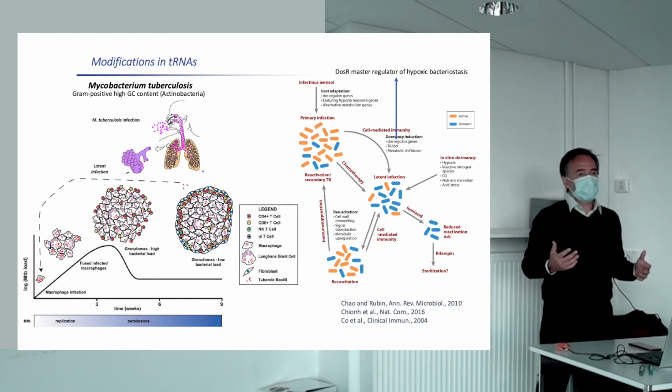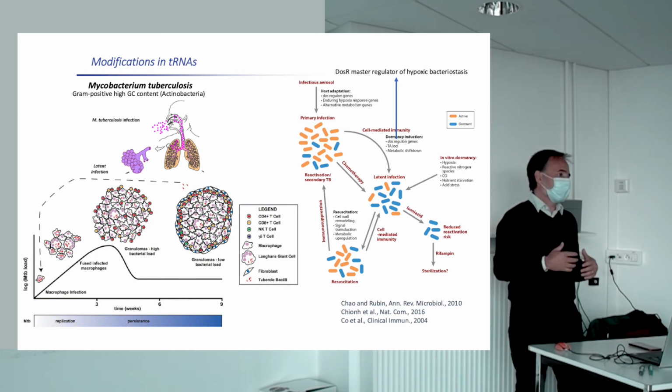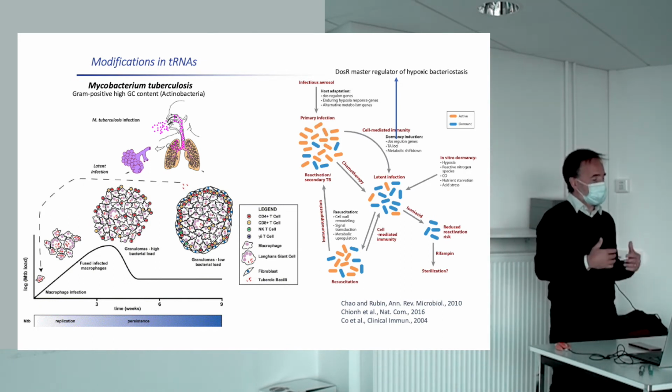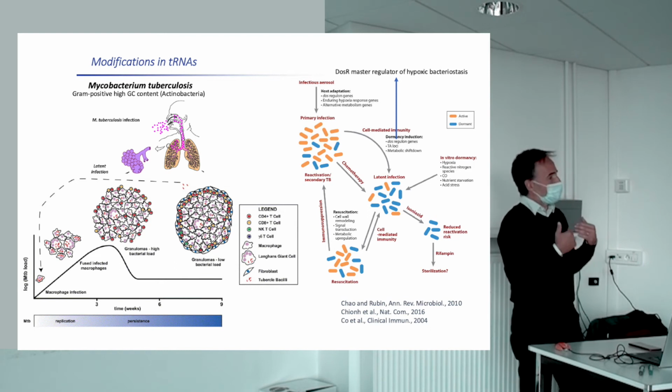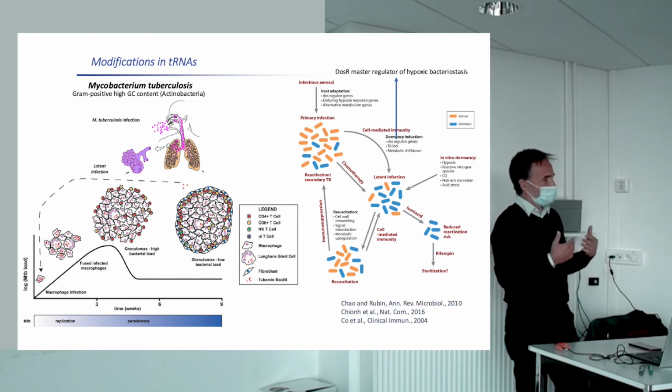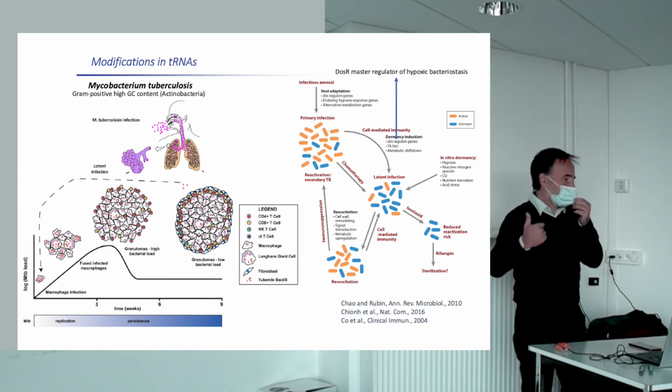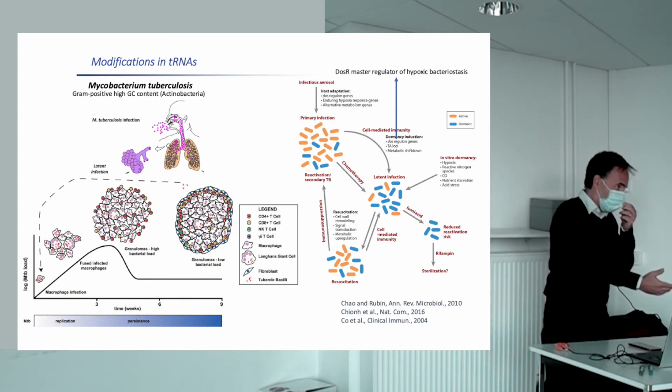And in this condition, in which the bacteria is less active, it is also more resistant toward antibiotics. So an antibiotic is very effective on a bacteria when the bacteria is in active duplication, when the metabolism is very active. Actually, the more active it is, the more an antibiotic can kill the bacteria.